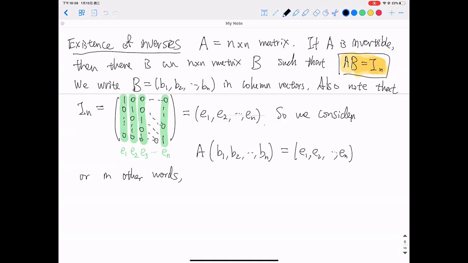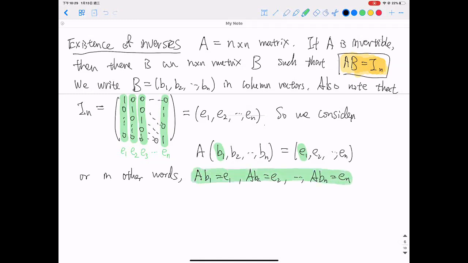If you look at this equation and execute the matrix product, you are really getting n equations, one for each column. So the equations are AB1 equals E1, AB2 equals E2, and so on, ABn equals En.